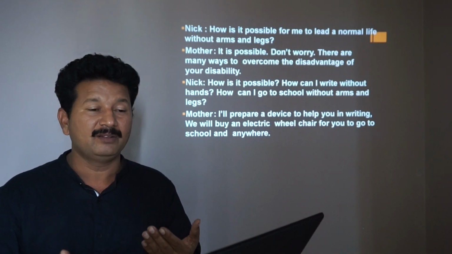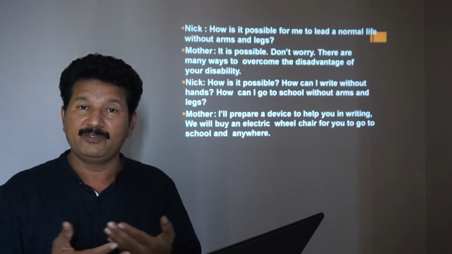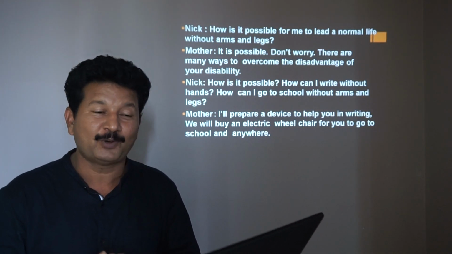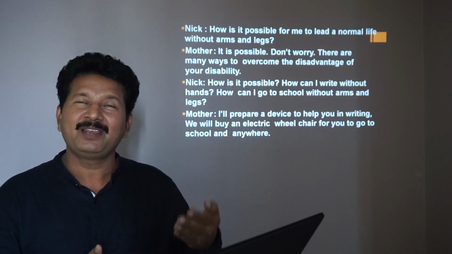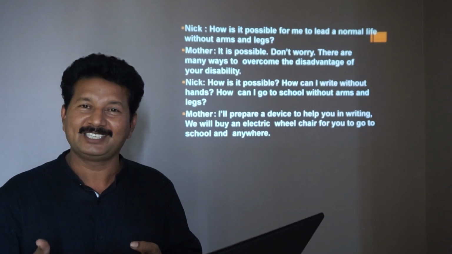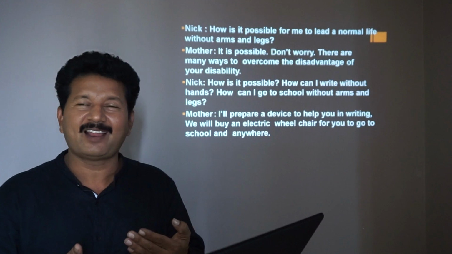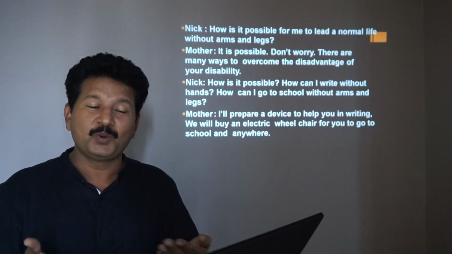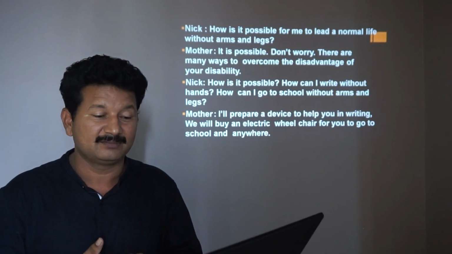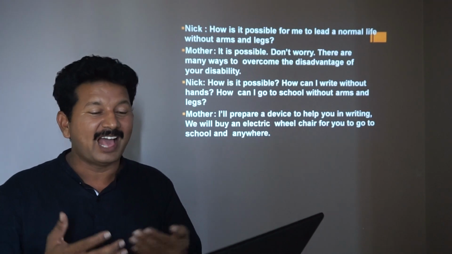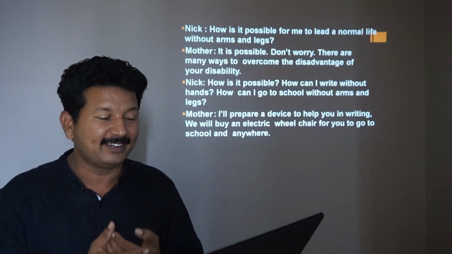How is it possible for me to lead a normal life without arms and legs? It's possible. Don't worry. There are many ways to overcome the disadvantage of your disability. How is it possible? How can I write without hands? How can I go to school without arms and legs? Don't worry, dear. I'll prepare a device to help you in writing.